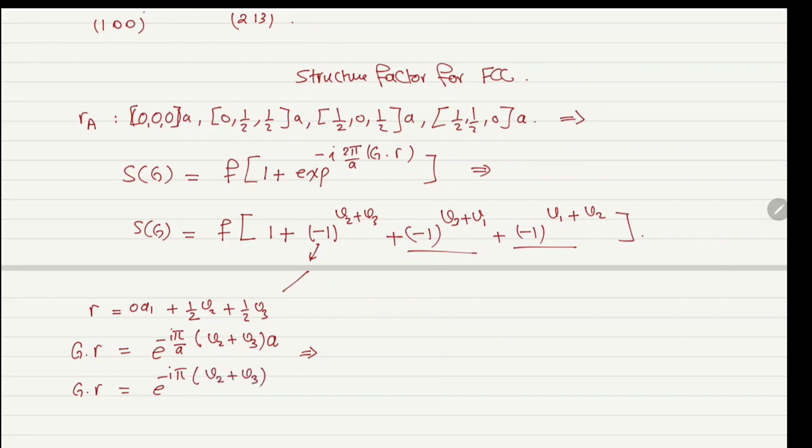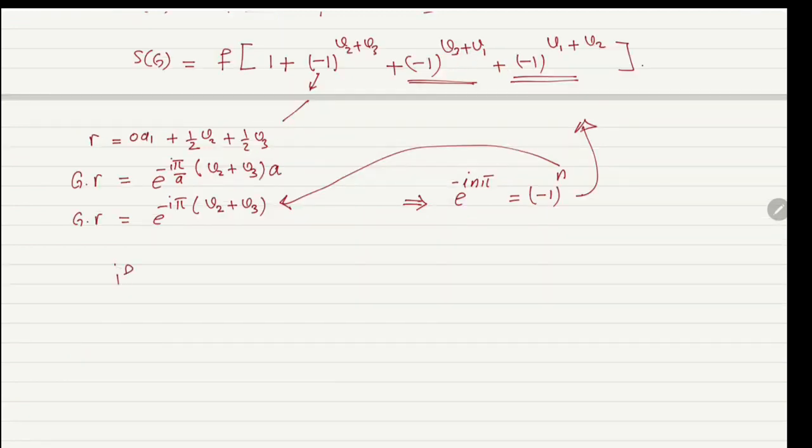Now same procedure for this one here and this one here. Remember, e to the minus i pi is equal to minus 1 to the power n. And in this case, it's V1 plus V2 or V2 plus V3 or V1 plus V3. From that, we get this definition here.